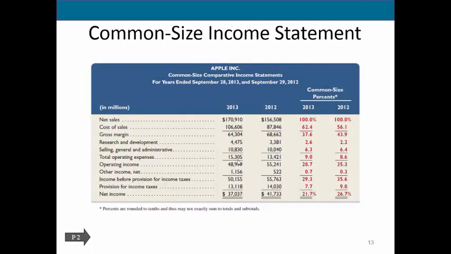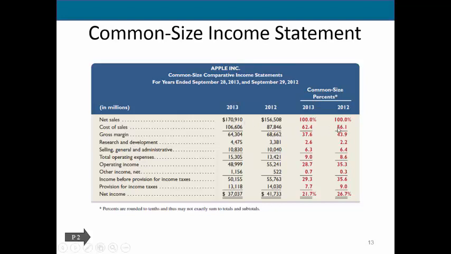We can do the same thing with our income statement. And again, with the income statement here, we can compare to net sales. And all we're doing is, for example, taking our cost of sales here, $106,606, divided by net sales of $170,910. And that tells us the cost of our sales is 62.4% of our net sales.